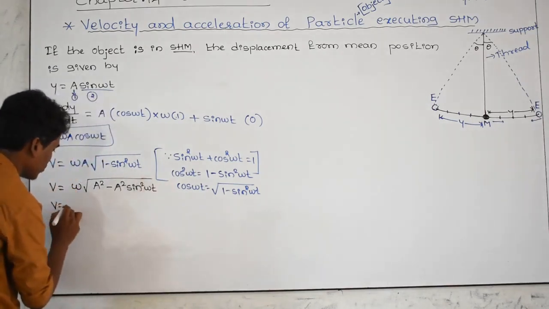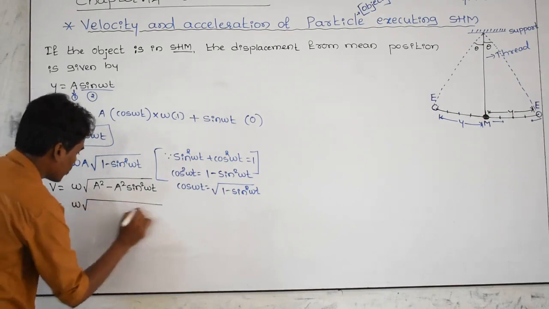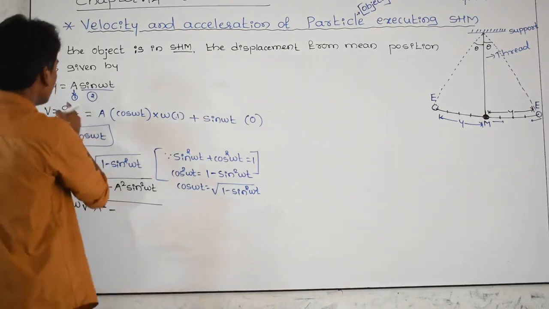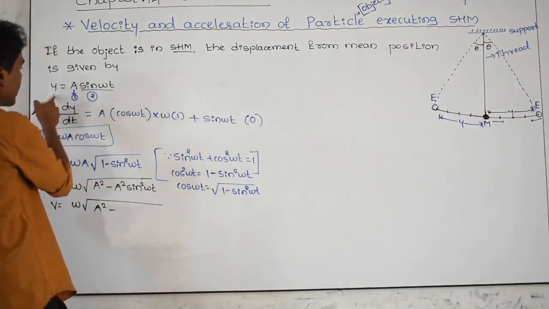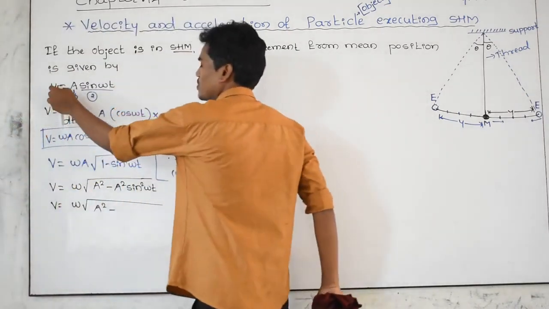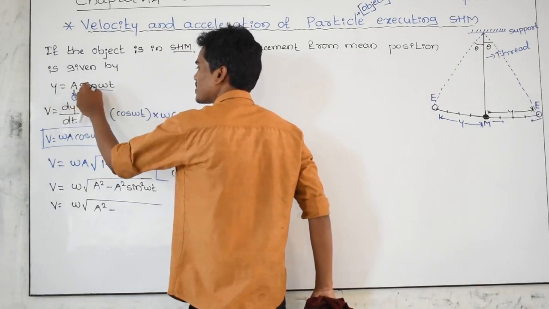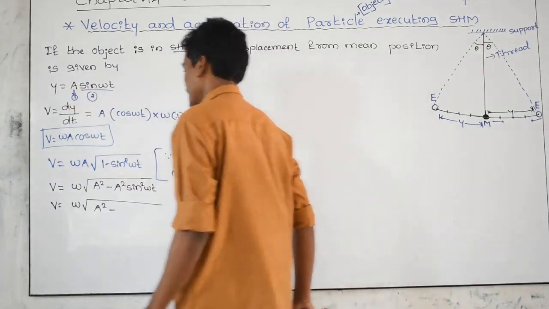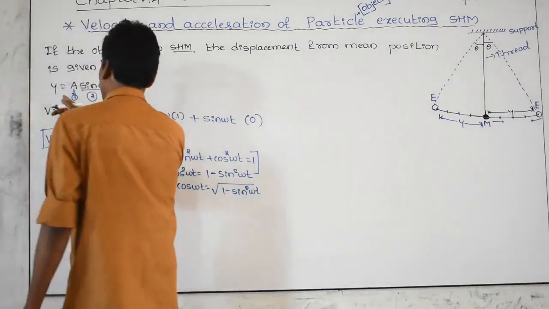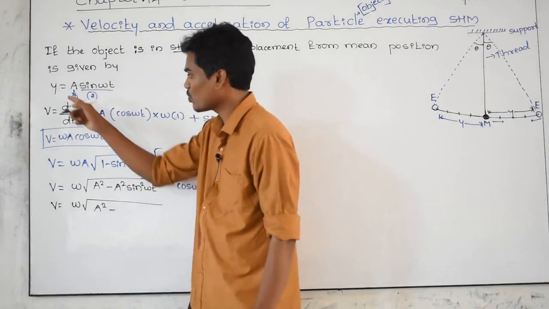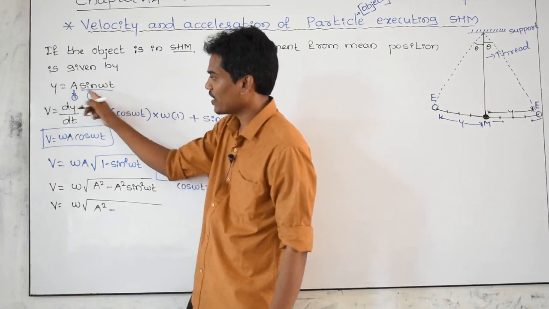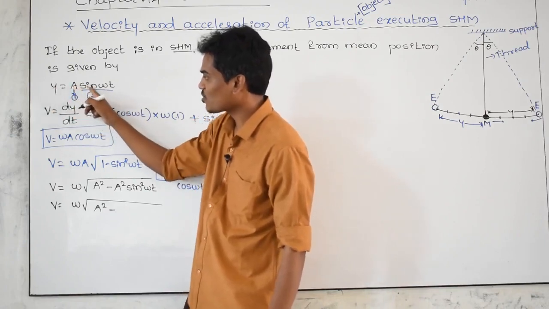Then again, v is equal to omega root of a square minus y square. You know very well here, y is equal to a sin omega t, and squaring on both sides, y square is equal to a square sin square omega t.